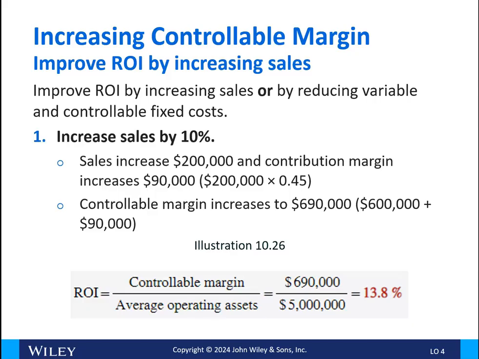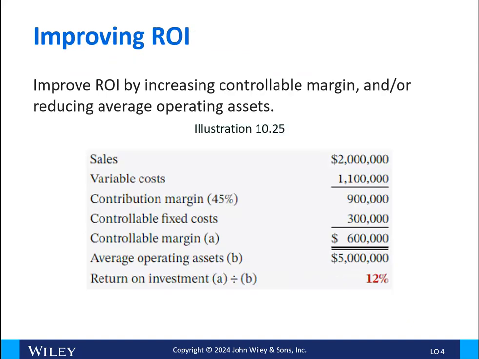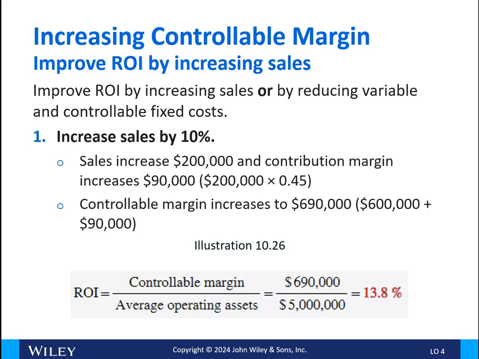Controllable margin increases that 90,000 to 690,000, so our return on investment goes to 13.8%. If we flip back to where we started, 12%. We didn't change our average operating assets. We just changed our controllable margin by increasing sales, and we increased our ROI.